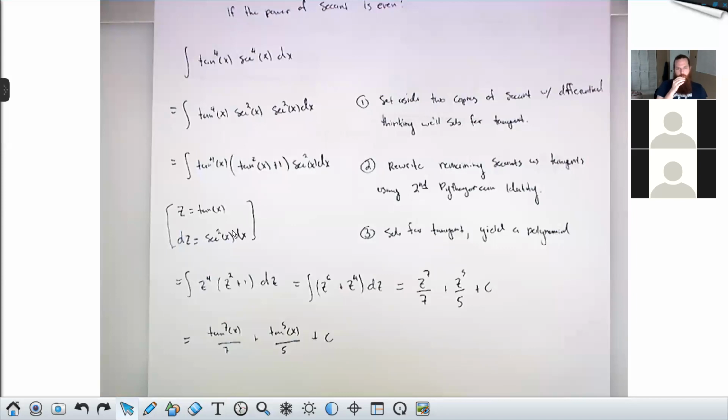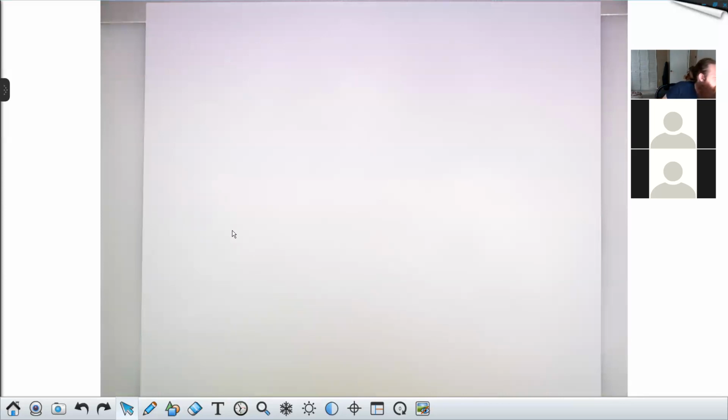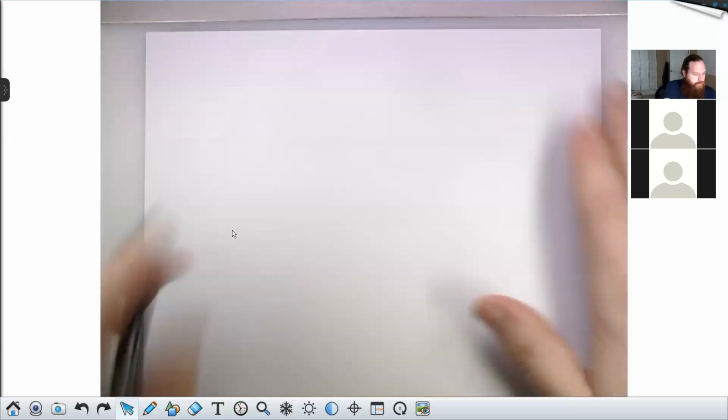Questions on the strategy here? Okay. So the other nice case is if the power of tangent is odd.